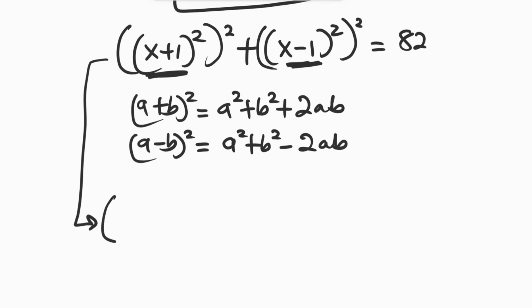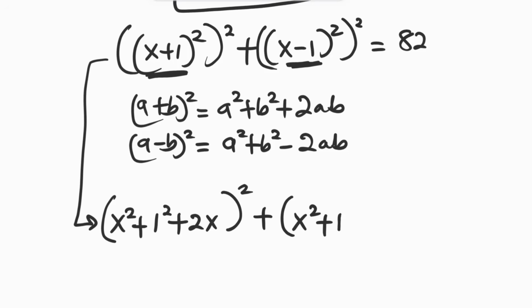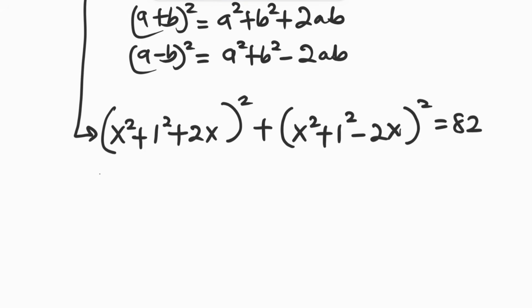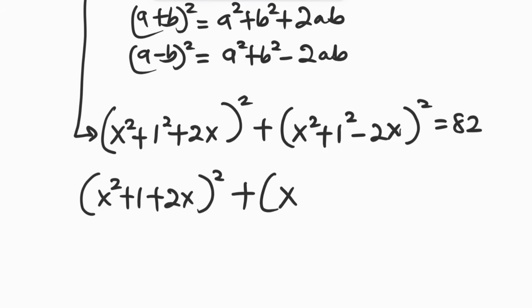This now becomes (x^2 + 1^2 + 2x times 1, which is 2x)^2 + (x^2 + 1^2 - 2x)^2 = 82. So this now becomes (x^2 + 1 + 2x)^2 + (x^2 + 1 - 2x)^2 = 82.